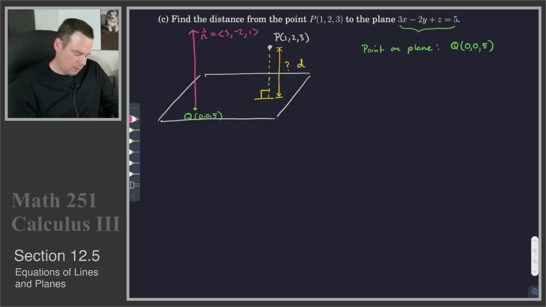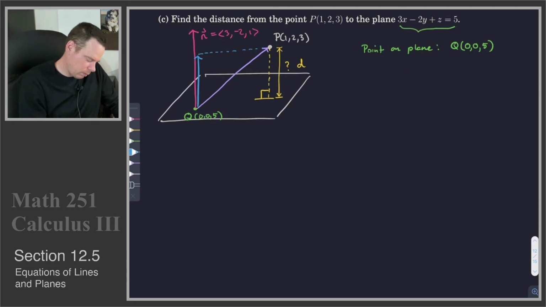Now, what is this distance d? Well, the idea is there's this vector we can construct from P out to Q. And if I look at the component that it has in the n direction, so that's our projection of v onto n, then the length of that projection is precisely the distance between the point and the plane, because that is this vector here as well.